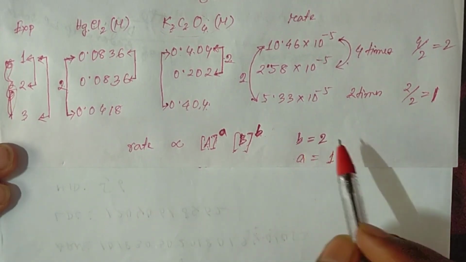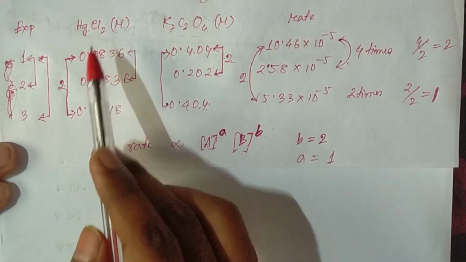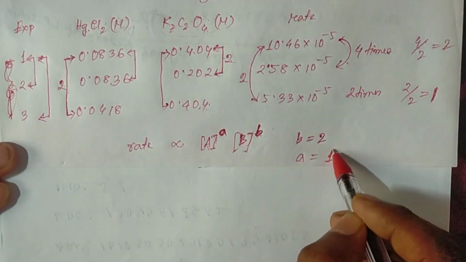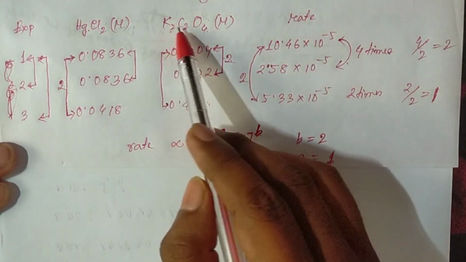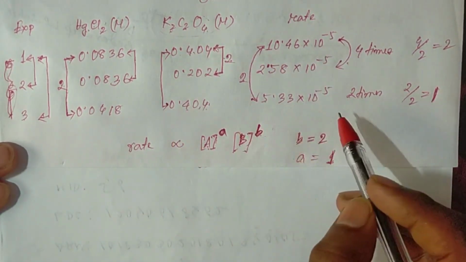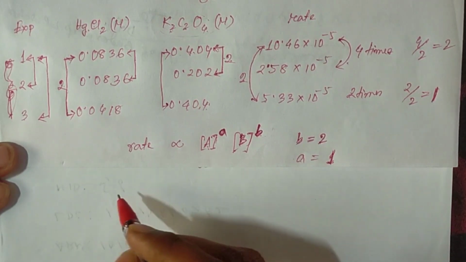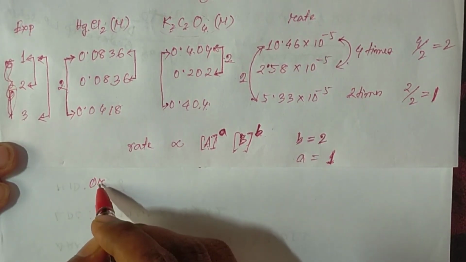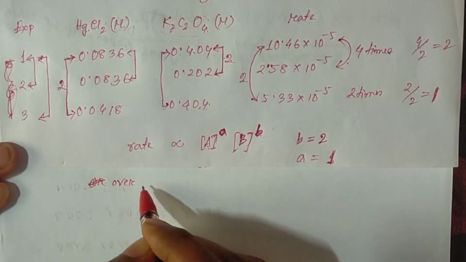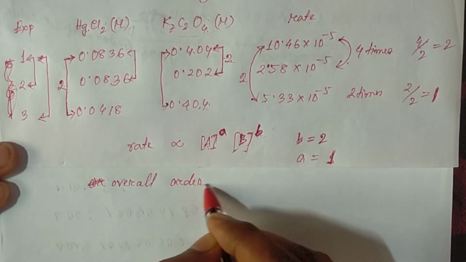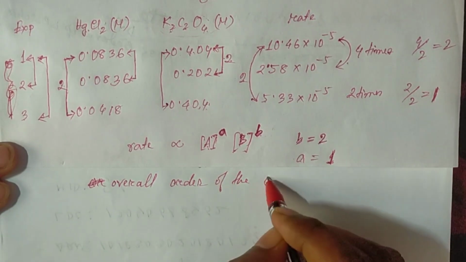So with respect to HgCl2 the order of the reaction is 1, and with respect to K2C2O4 the order of the reaction is 2. Now we calculate the overall order of the reaction.